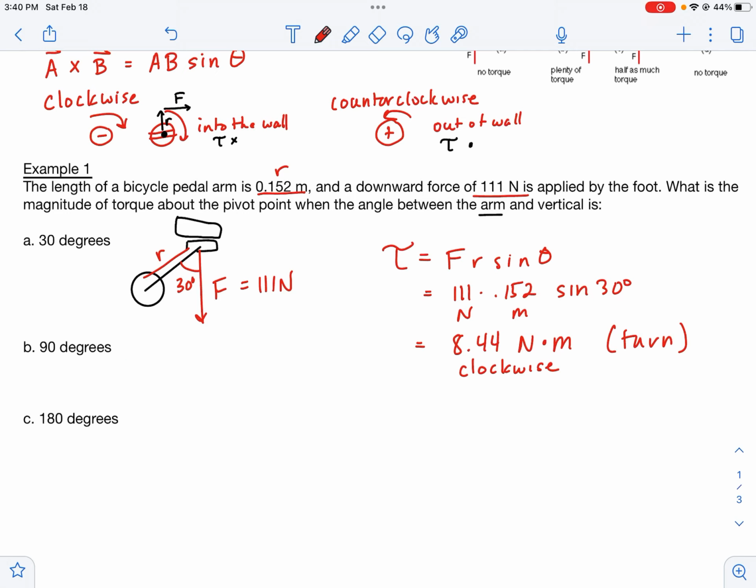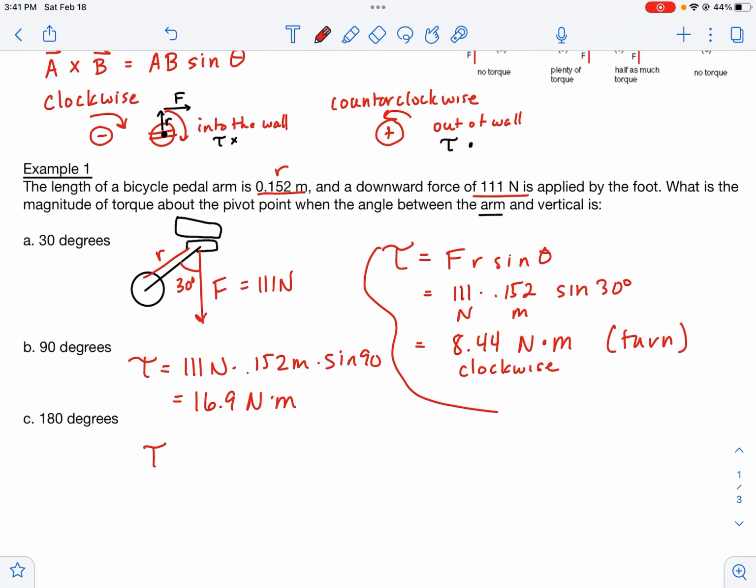Let's do the same thing for 90 degrees. The torque would be equal to 111 newtons times 0.152 meters times the sine of 90. And when I plug that into my calculator, I get 16.9 Newton meters. That's the maximum value.